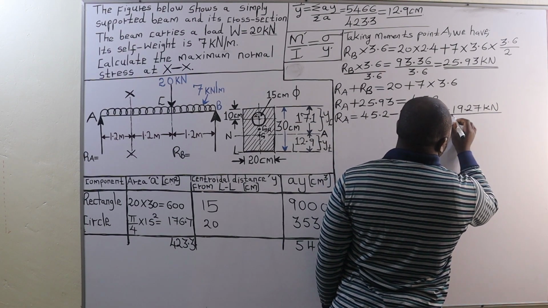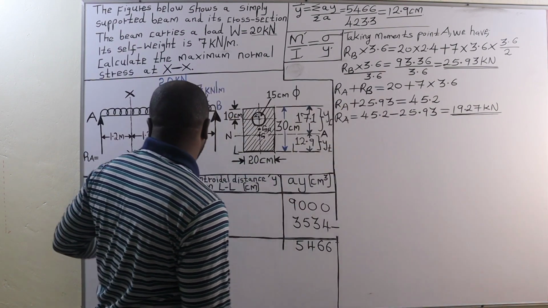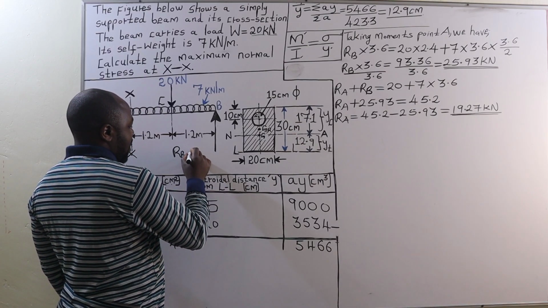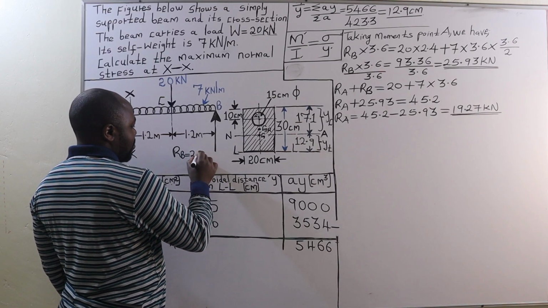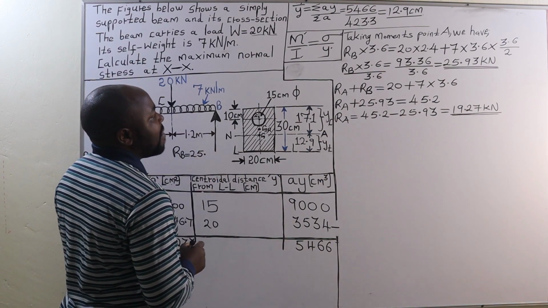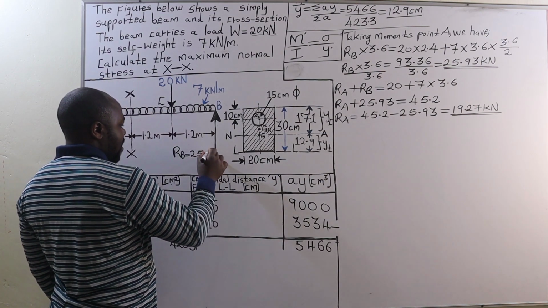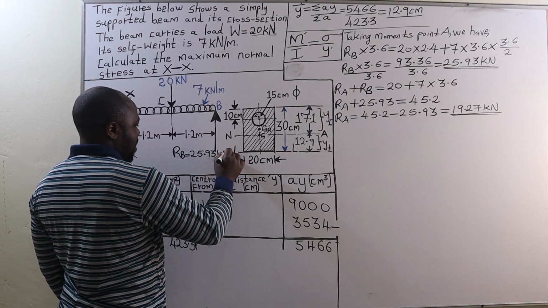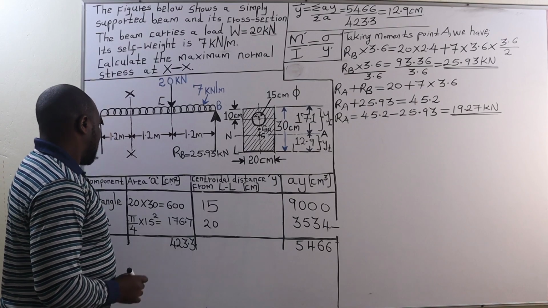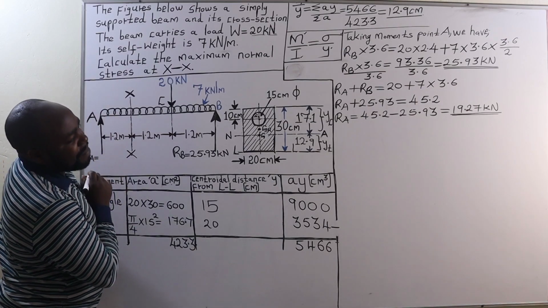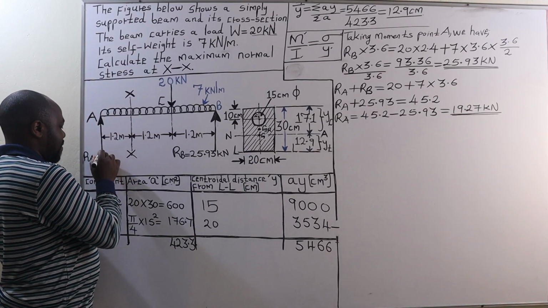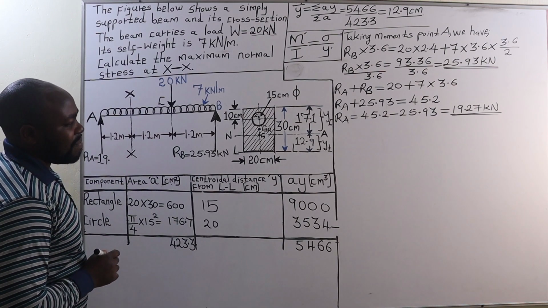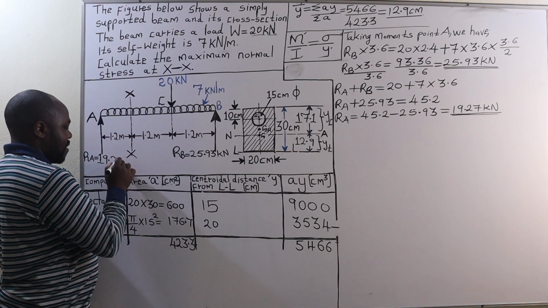Therefore, that is the reaction at support A. So we write here reaction at B being equal to 25.93 kilonewtons. At support A, we have 19.27 kilonewtons being the reaction at A.